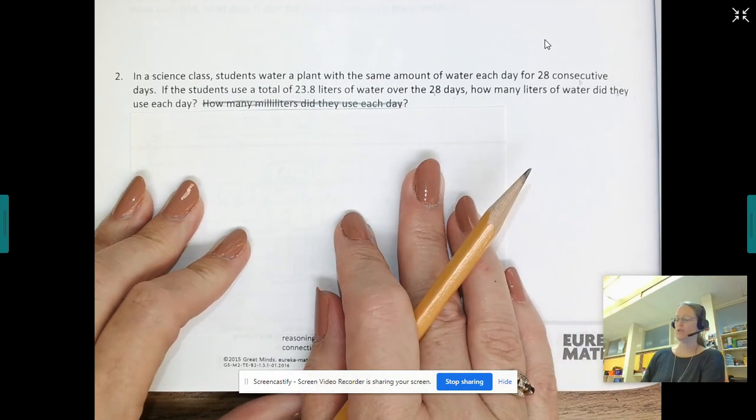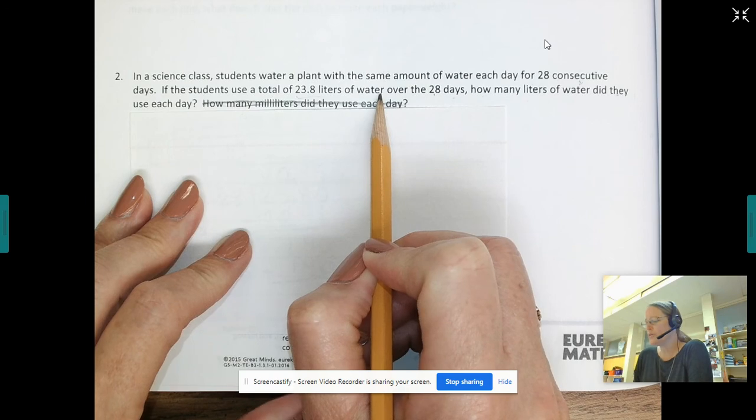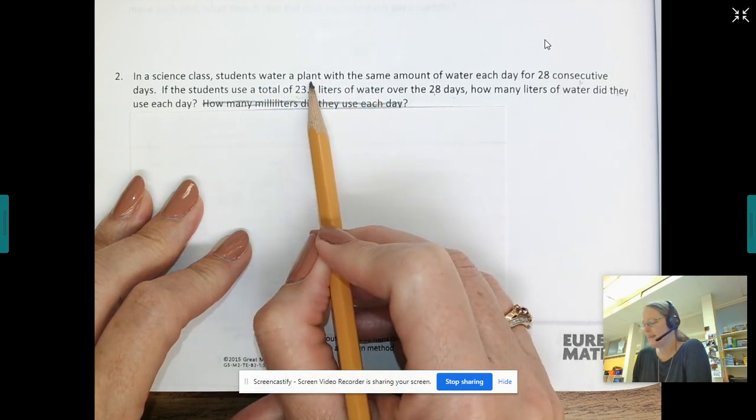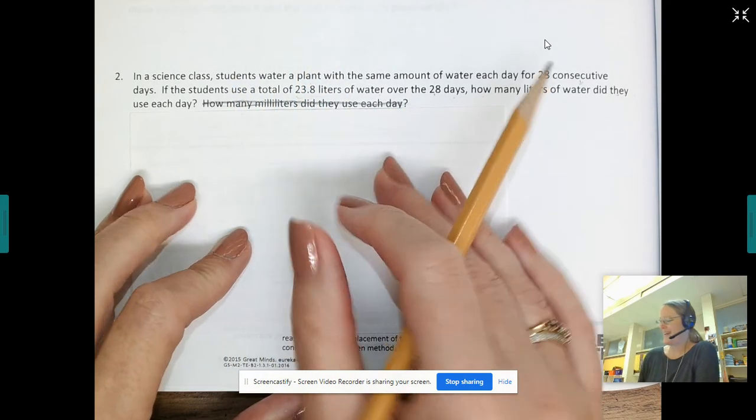So we have a total amount of water that's going to be used to water a plant, and that plant is going to be watered over 28 days.